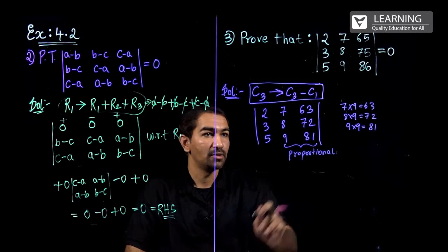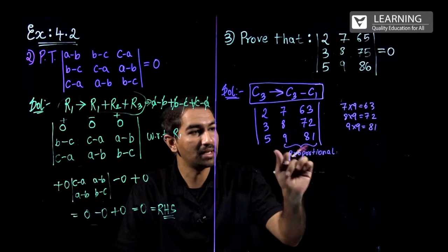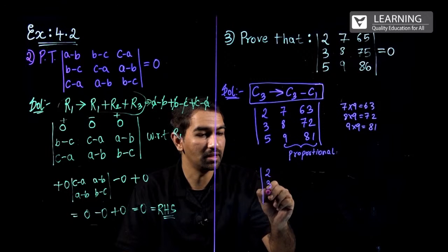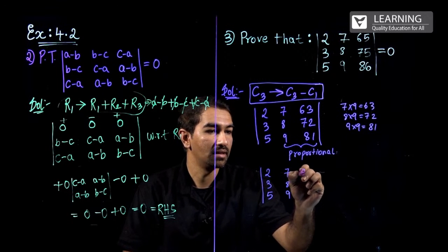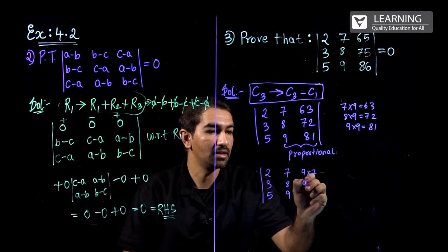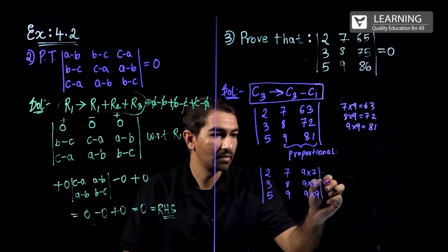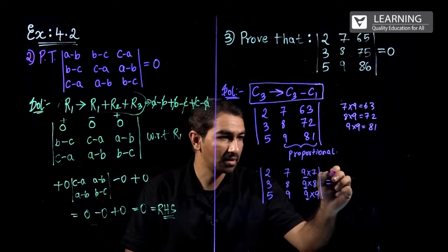So this is proportional, right? So we'll make it identical. How do we make it identical? We'll write it like this: 2, 3, 5, 7, 8, 9, 9 into 7, 9 into 8, and 9 into 9. We'll take out this 9 outside, common. So what will happen?